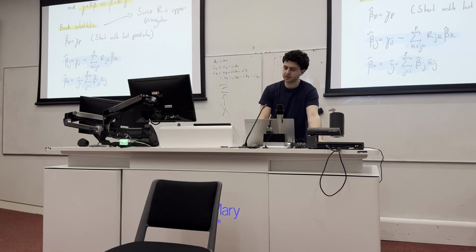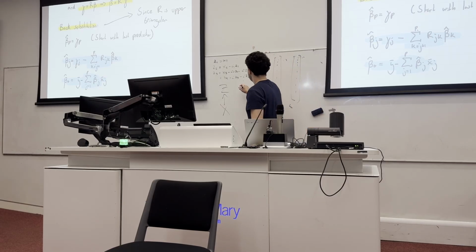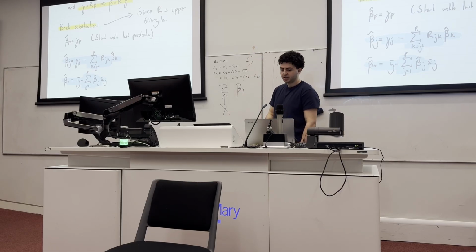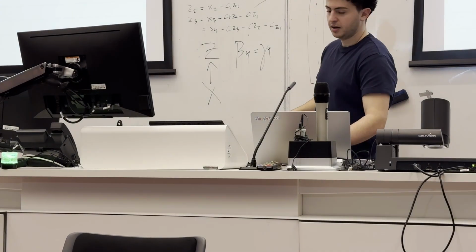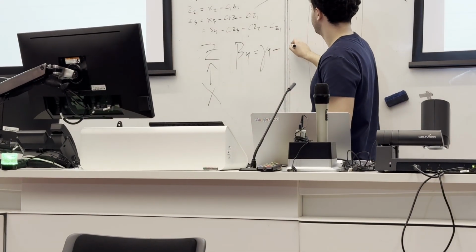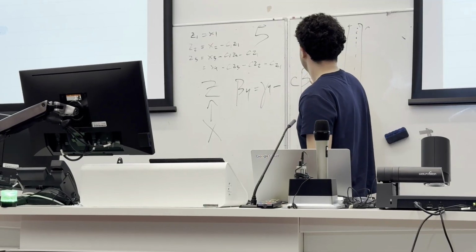So how do you think about it? If you're trying to estimate beta 4, and say there are 5 predictors, this is going to be equal to lambda 4 minus some constant times beta 5.